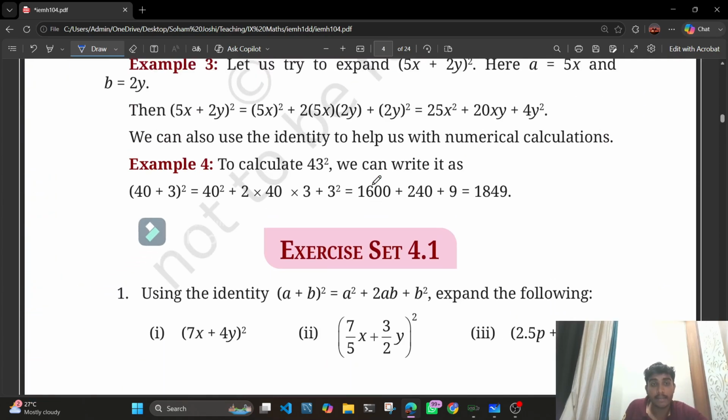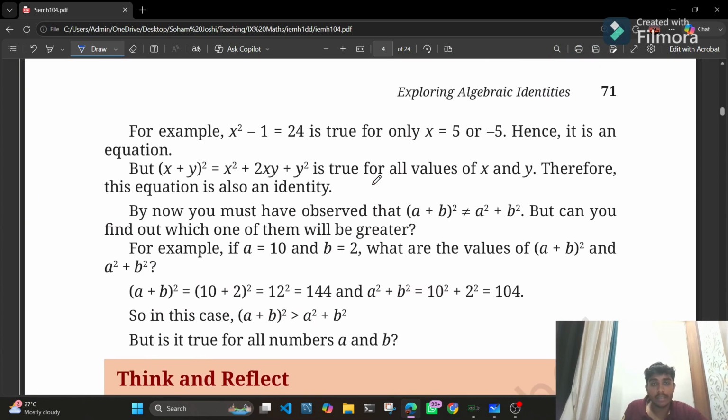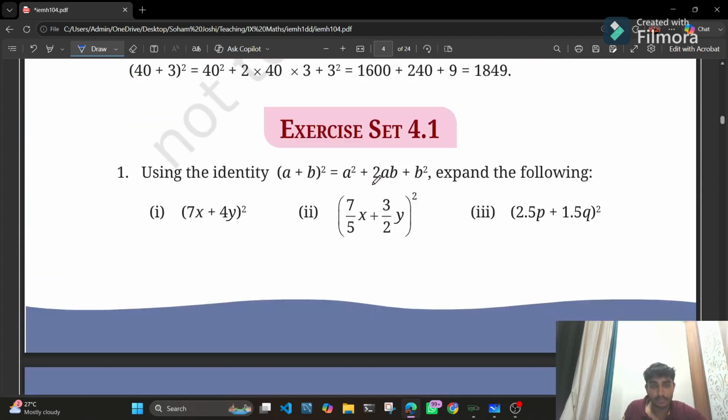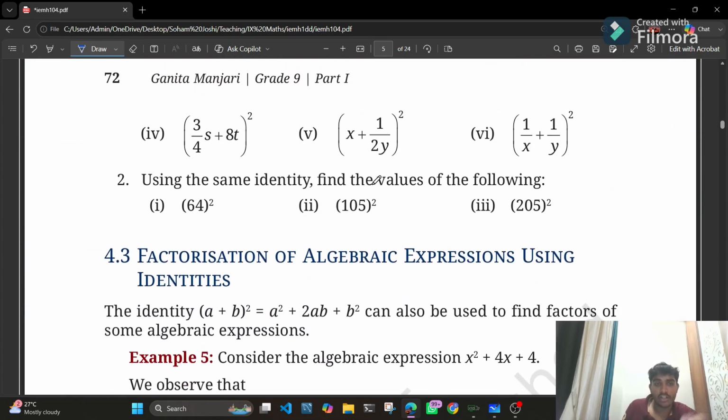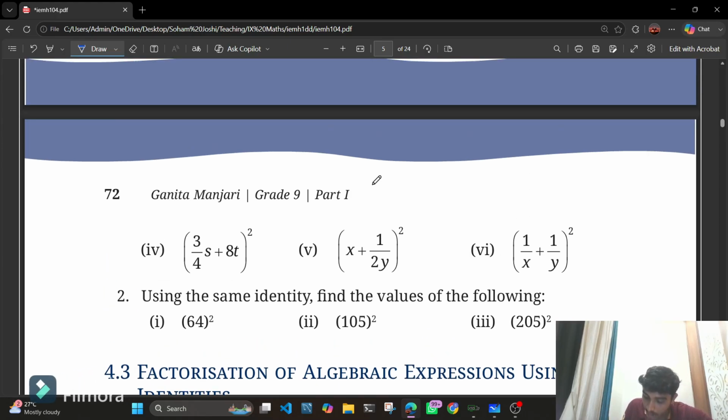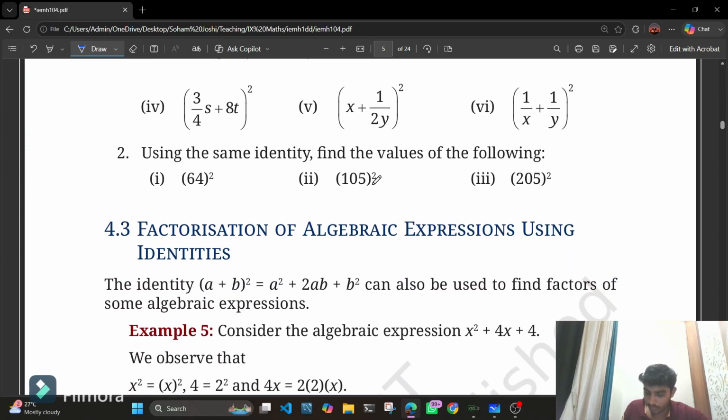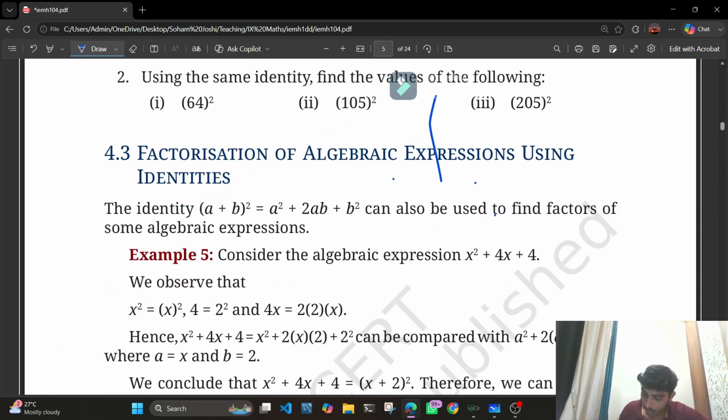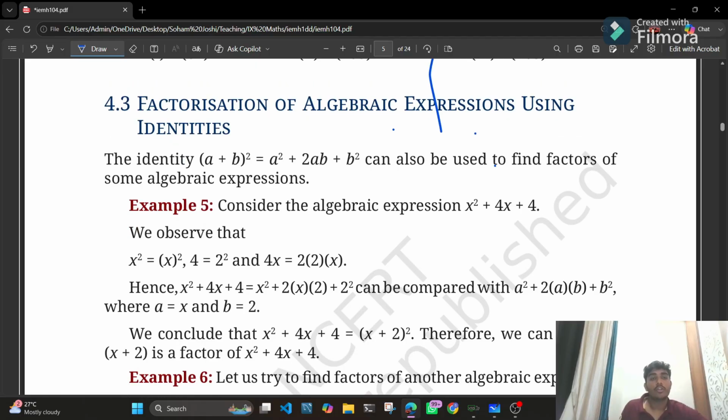That is, you need to find out the square of large numbers. Okay, so you are given 64. Just a second. Okay, so yeah, you need to find the square of 64.